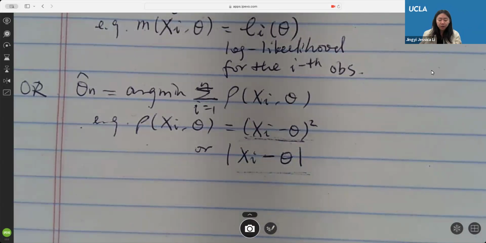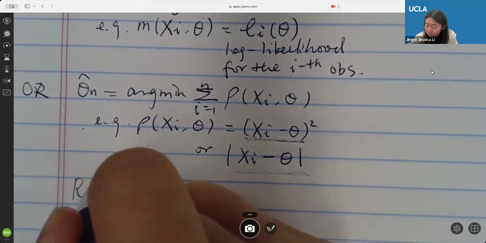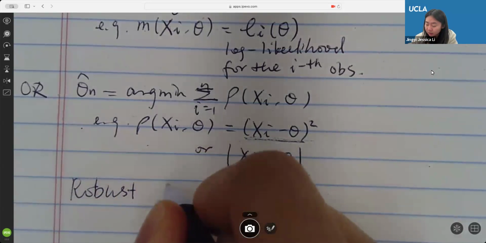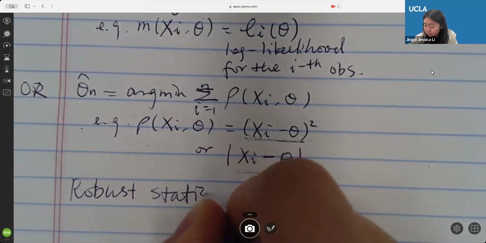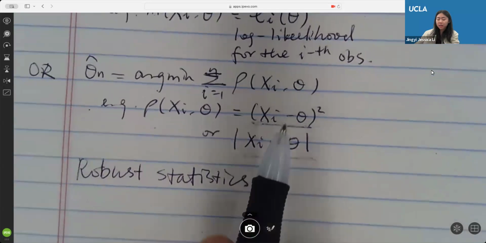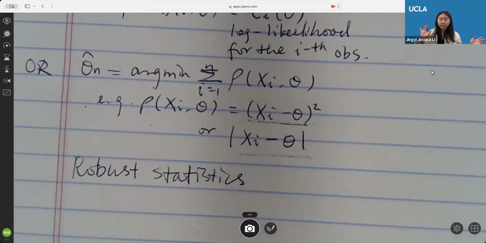So there is a field where the M-estimator is particularly used as a useful generalization, called robust statistics. And it's actually about this: minimizing square loss or absolute loss, L2 loss or L1 loss. That's robust statistics.